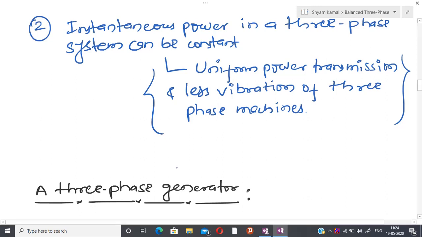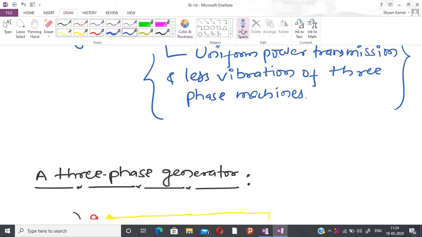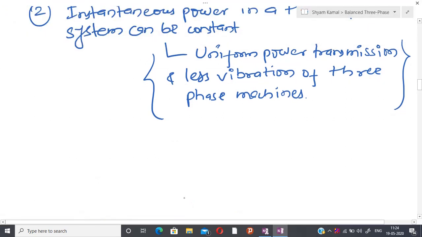So that is the third advantage. So let us note that down, because several times if you attend some interview related to power systems, people ask these types of questions.